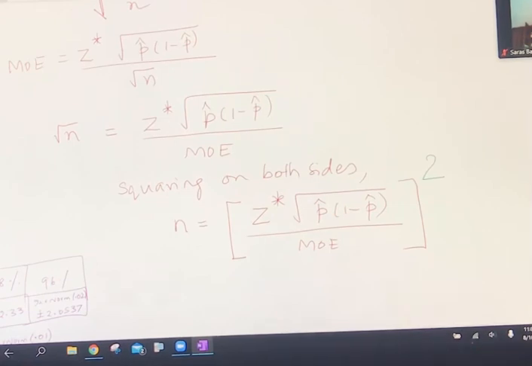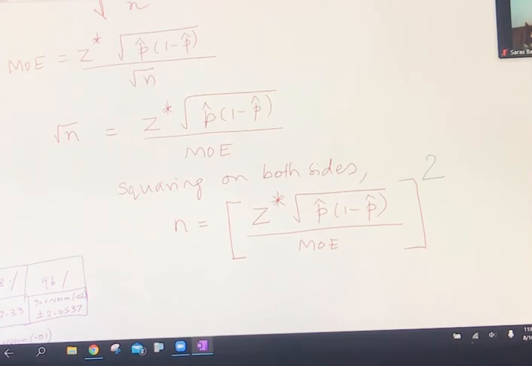So in all cases, the sample proportion p hat is used as the estimate. The formula is a bit complicated. It is z star times square root of p hat times 1 minus p hat over the margin of error, the whole squared. Don't forget the square. Only then are you getting the value of n, otherwise you are solving for square root of n. But we don't want the value for square root of n.